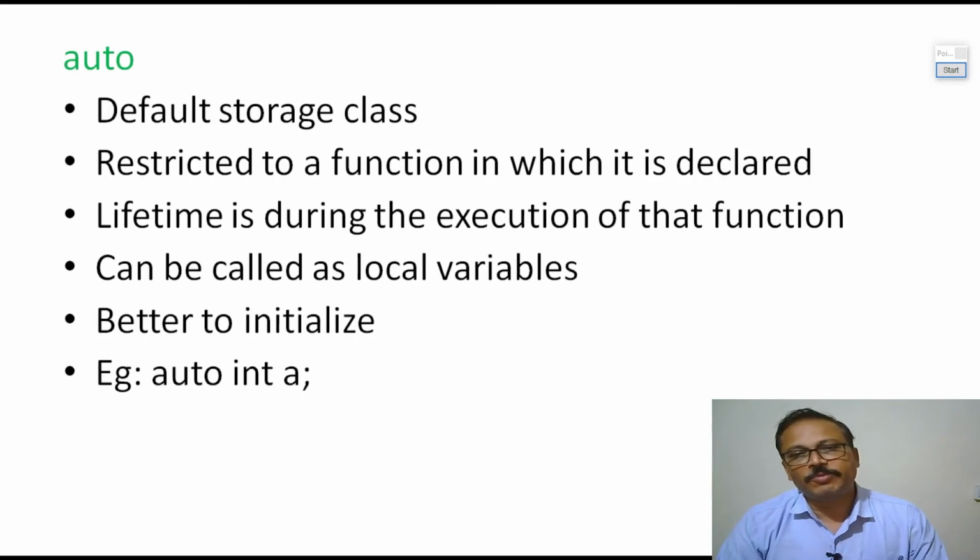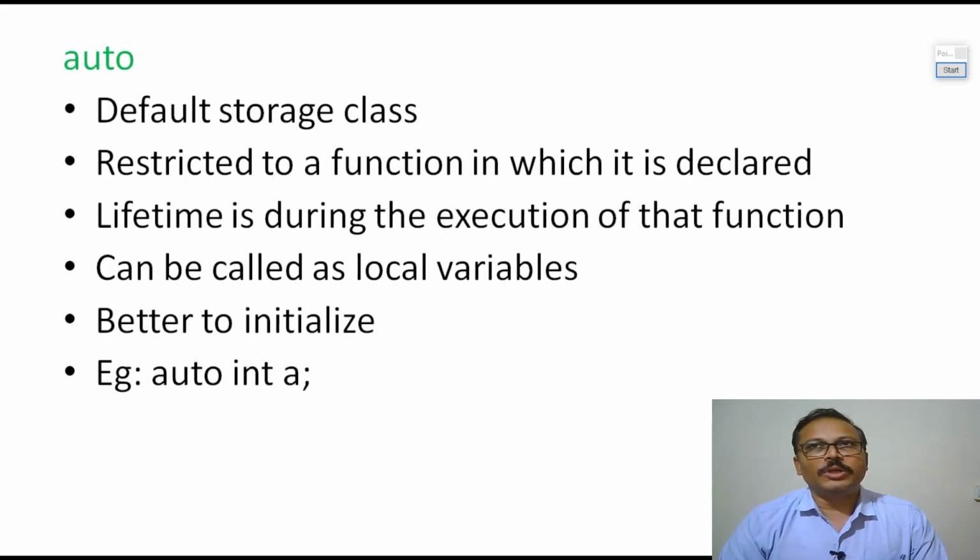As soon as you exit from that function, it is no longer bound to its location. So these can be called local variables. It is better to initialize, because in some compilers, if you don't initialize auto variables, they take garbage. But in some compilers they may be initialized automatically, but it is better you initialize.